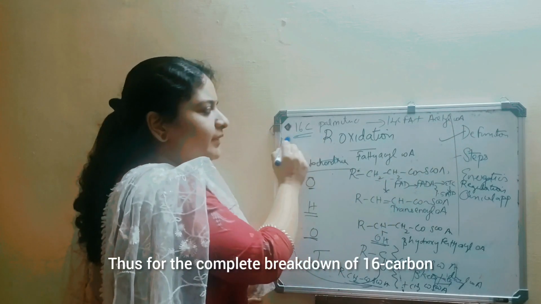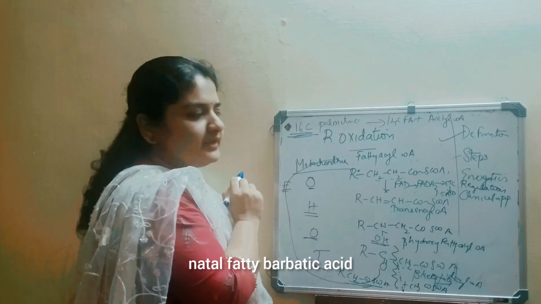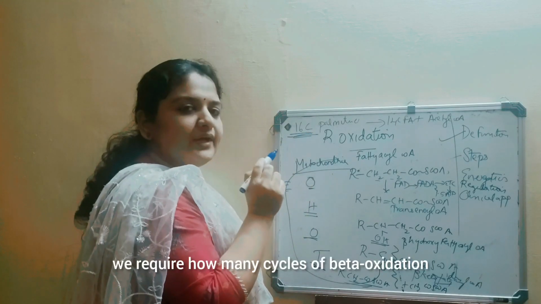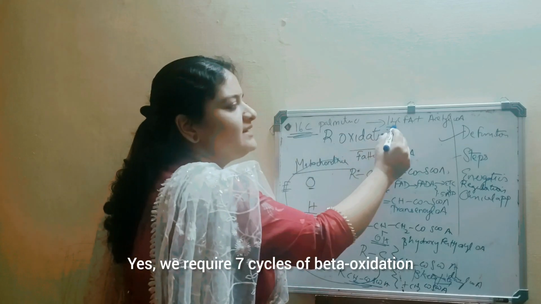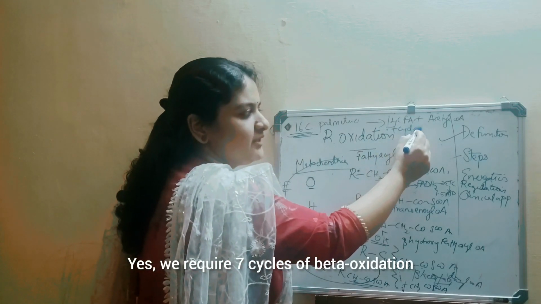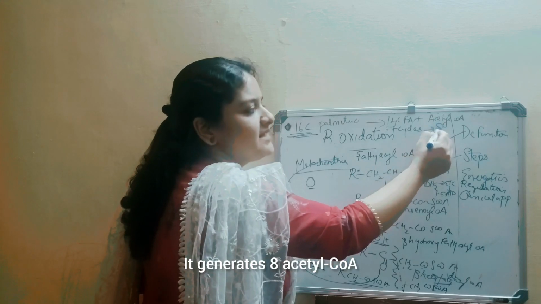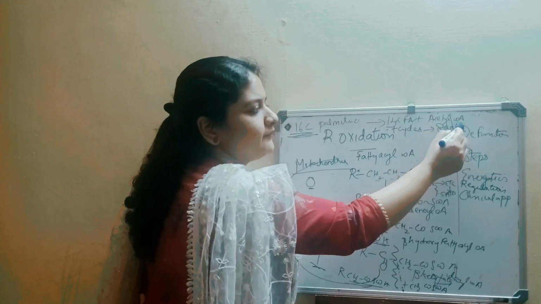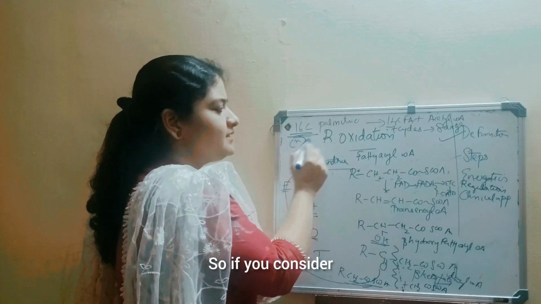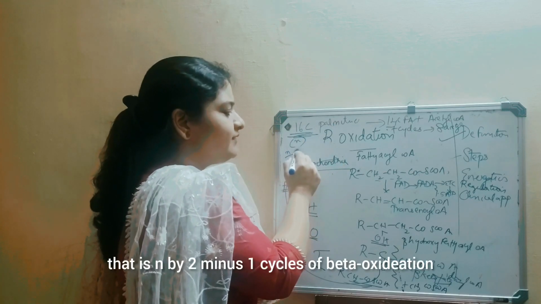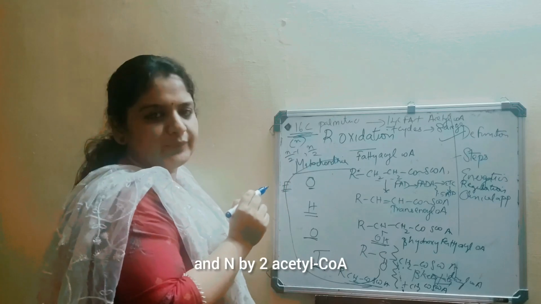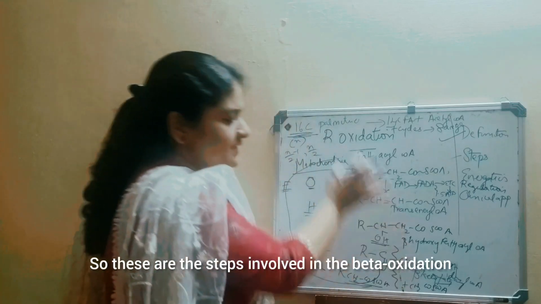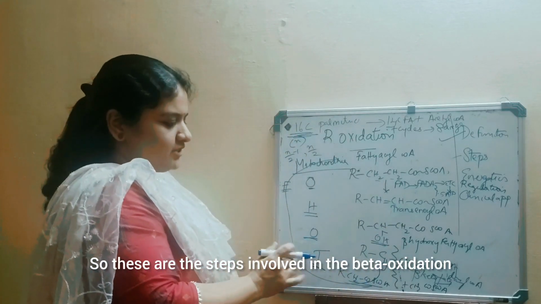Thus, for the complete breakdown of 16-carbon palmitic acid, how many cycles of beta oxidation do we require? Yes, we require 7 cycles of beta oxidation, which generates 8 acetyl CoA. That is N by 2 minus 1 cycles of beta oxidation and N by 2 acetyl CoA. So these are the steps involved in beta oxidation.